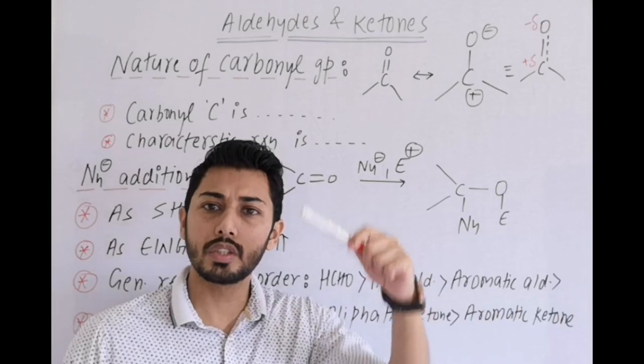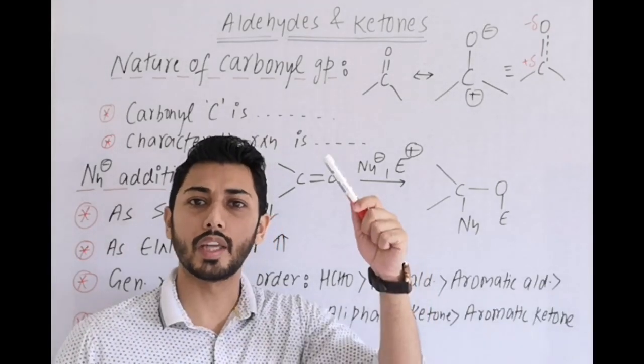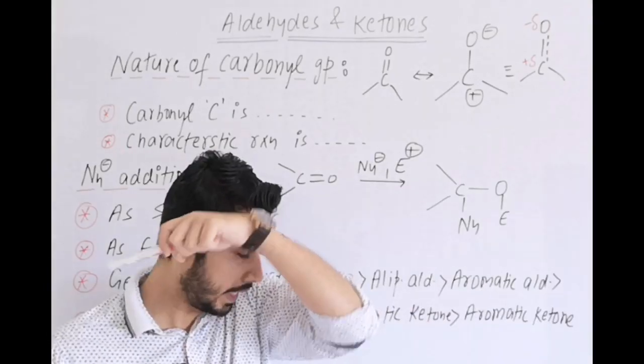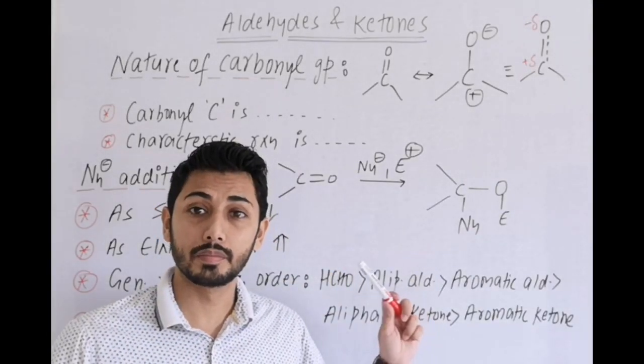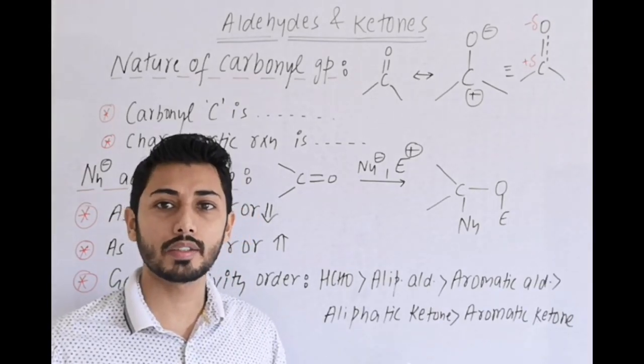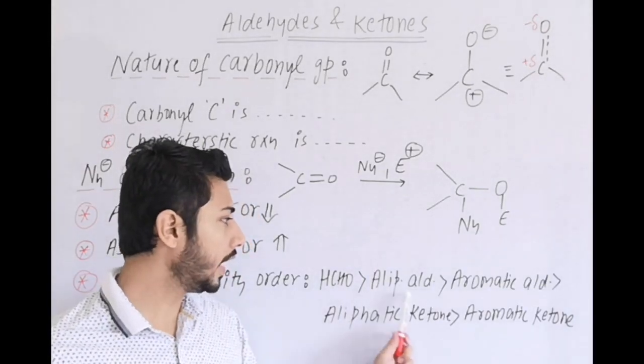If the electron deficiency of carbon decreases, rate of reaction decreases. So this point is important, that aromatic aldehyde is lesser in reactivity towards nucleophilic addition as compared to formaldehyde and aliphatic aldehyde.